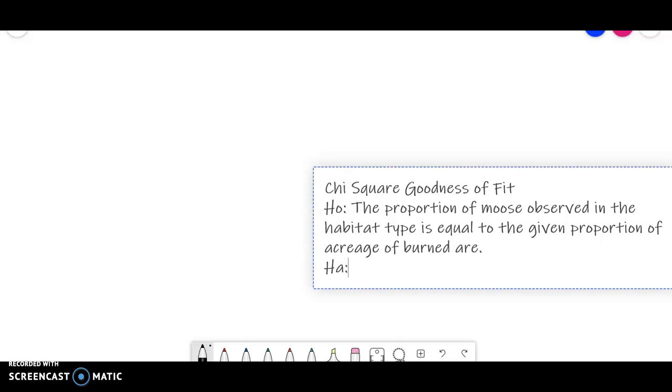So knowing that really the proportions of them observed in each habitat type is equal to the given proportions. It's recognizing that all 4 of them are as they should be.